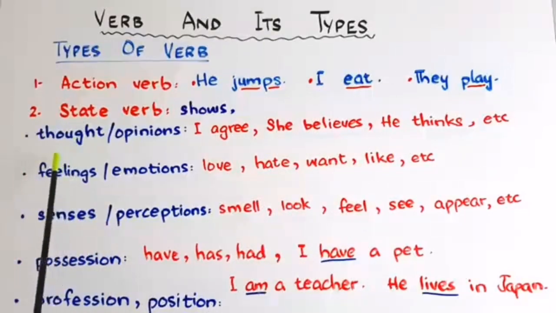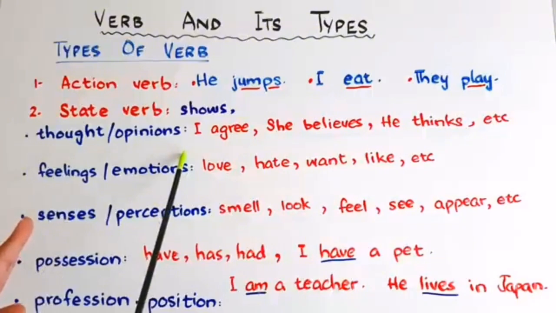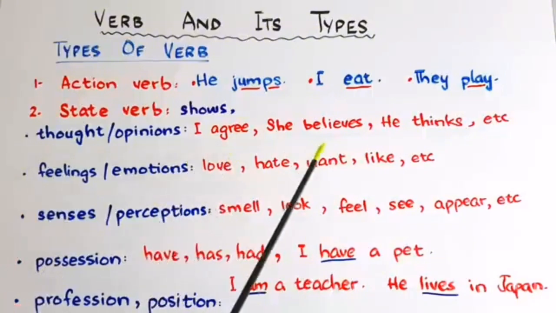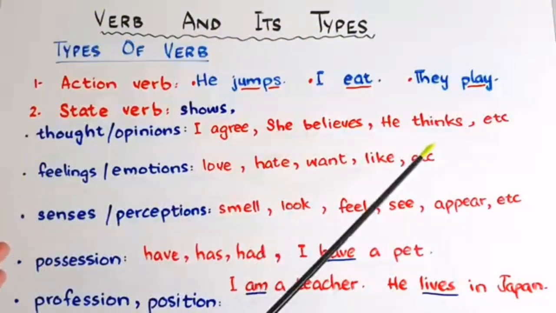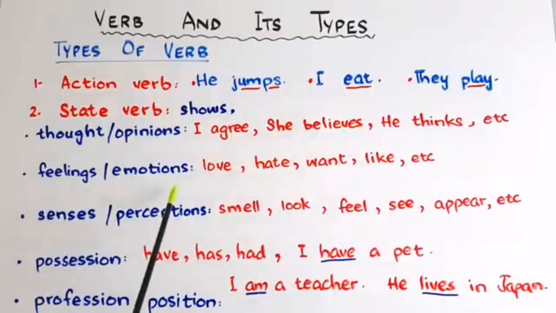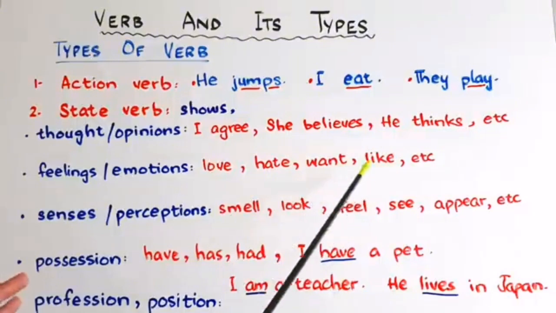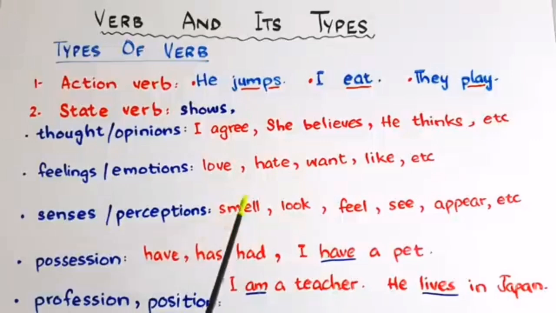State verbs are used to show thoughts or opinions, like I agree, I disagree, she believes, he thinks, or feelings or emotions like I love pets, I hate pets, she wants, he likes, and so many words like this. Senses and perceptions like the food smells good, you look good, I feel cold, and so on.